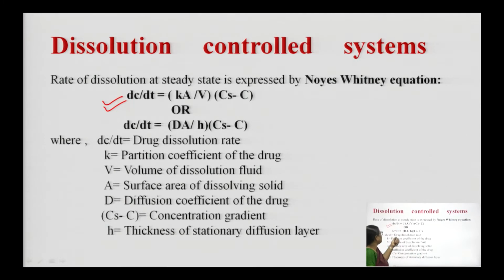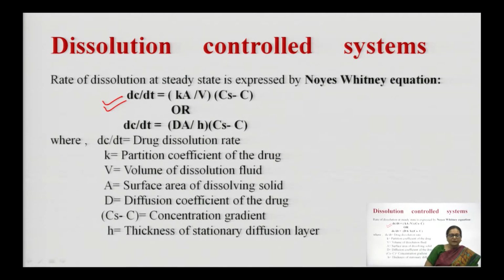This is equal to (K·A/V)(Cs − C), where K is the partition coefficient of the drug, A is the surface area of the dissolving drug, V in the denominator represents the volume of the dissolution fluid, and Cs is the concentration of the drug in the bulk stationary diffusion layer, and C is the concentration of the drug in bulk of the liquid.